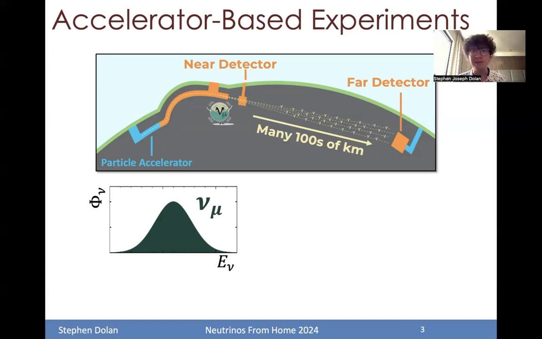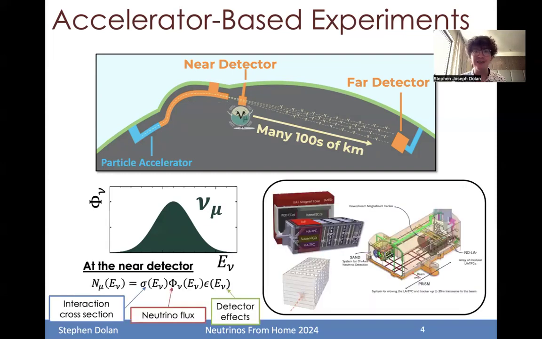Note that our beams are quite wide in neutrino energy. We can't produce monoenergetic beams like this, and so we're forced to have beams with quite a wide profile. The neutrinos are then measured far before any oscillations happen at a suite of so-called near detectors positioned just a couple of 100 meters away from the neutrino beam production point.